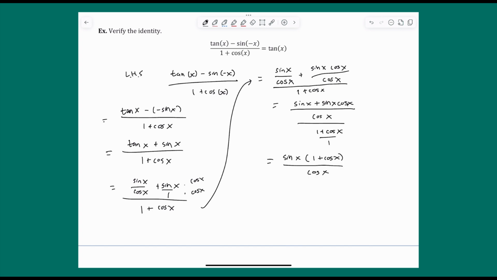But then I'm dividing by 1 plus cosine of x, so I'm going to flip that over and multiply by the reciprocal of the denominator there, so 1 over 1 plus cosine of x, and you can see that's exactly what I want because that would cancel. Leaving me with sine of x over cosine of x, which is just tangent of x, using the quotient identity, which is the right-hand side, and that's what we wanted to show. And so we have verified that identity, and that's it for this video.